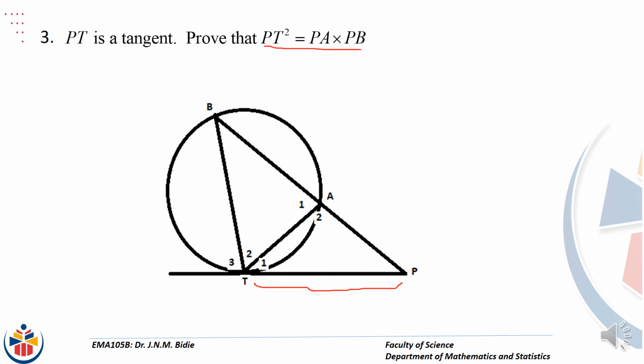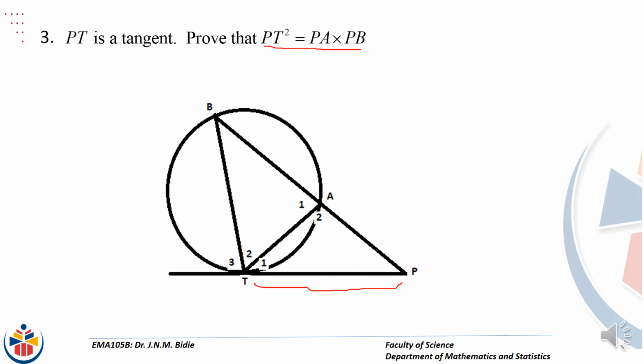Also, one thing that we note is angle B, angle P, and T1 and T2. They are angles of a triangle equal to 180 degrees. Also, in the smaller triangle, P, T1, and A2 are equal to 180 degrees. Angles of a triangle are supplementary.